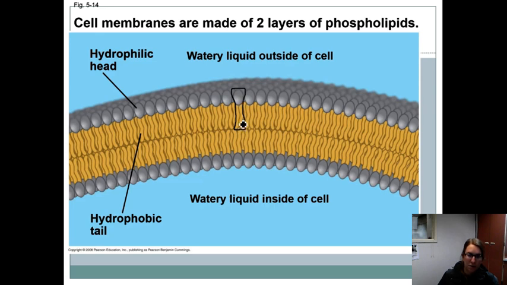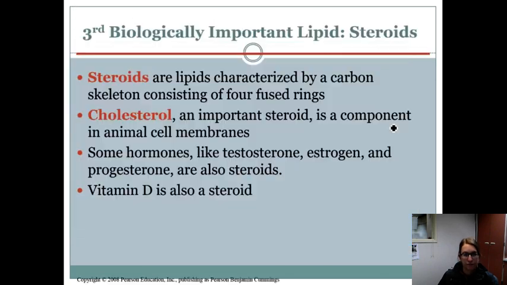And they arrange themselves so that the head is next to something that contains water. And on the second layer, you can see the head here is also next to the watery liquid inside of the cell. And the tails hide out in the middle layer where there is no water, because they're hydrophobic, water-fearing. So cell membranes are made of two layers of phospholipids. Sometimes we call it a phospholipid bilayer, because bi means two, just like di also means two.